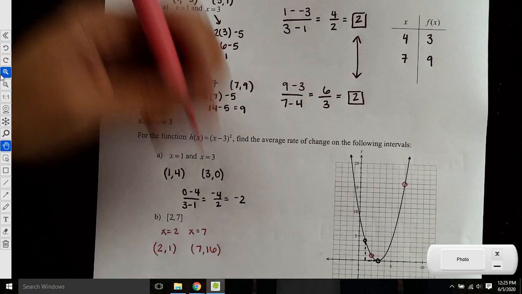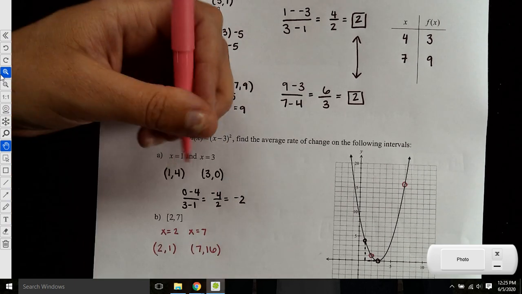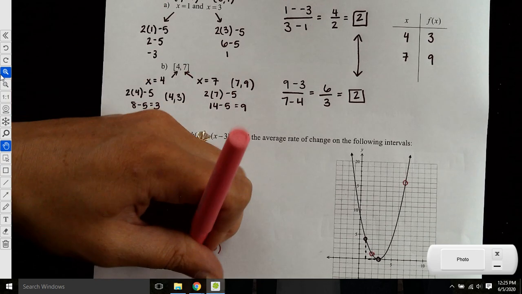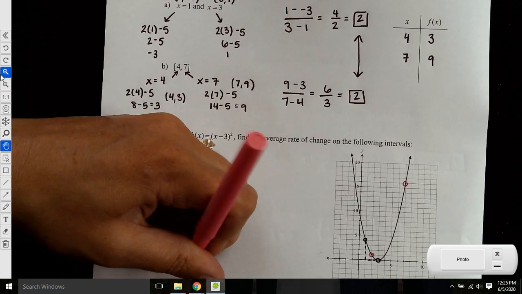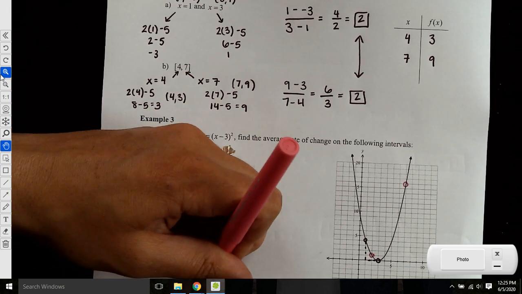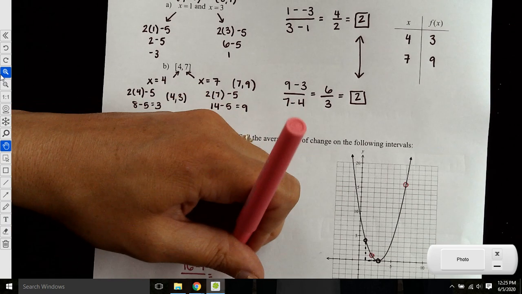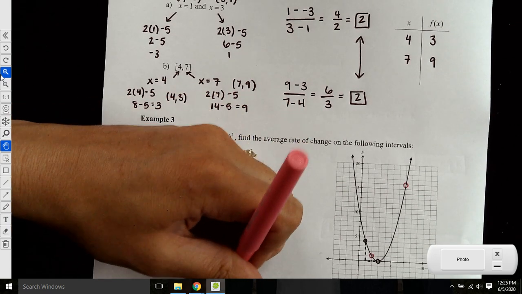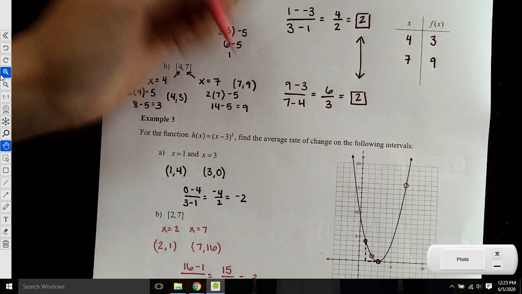So now from here, I find the average rate of change. So I've got 16 minus 1 over 7 minus 2. And I have 15 over 5, which is 3.